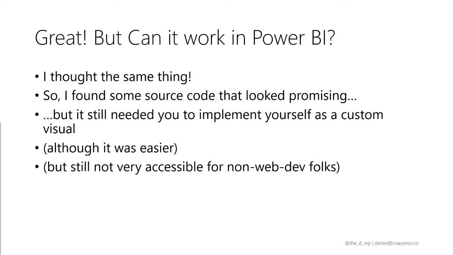He wasn't working for Microsoft, but he worked with Microsoft to help them do it. But that was still a custom visual where you had to take the code and build it locally. If you wanted to change the specification that we just saw, you had to do that in the code, recompile the visual, and make a Power BI visual file. What I was thinking about was something more like the Vega Editor that we just saw, which is a huge project for somebody to do, as I learned.